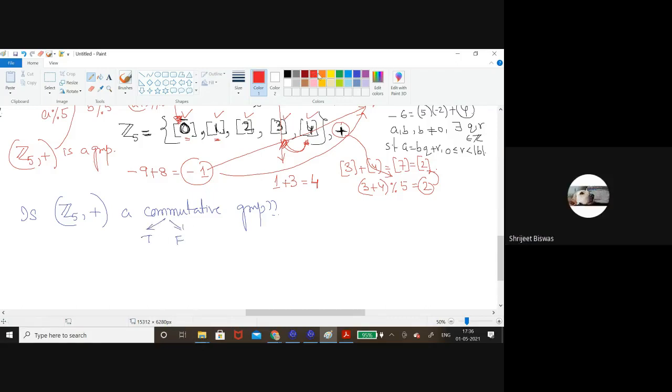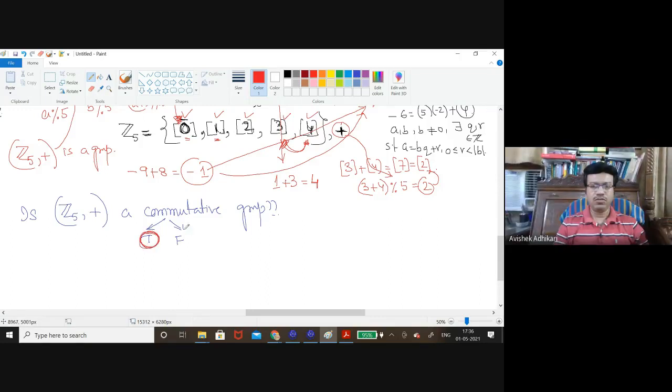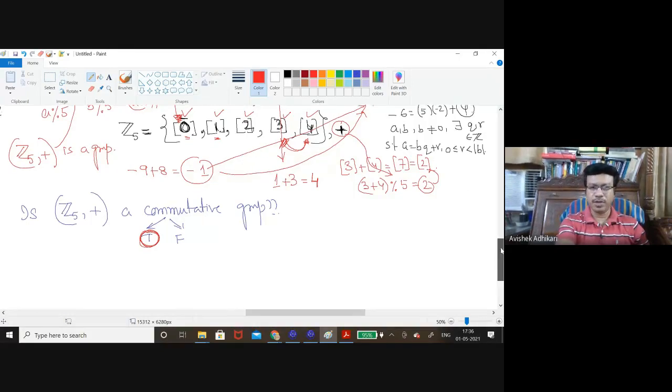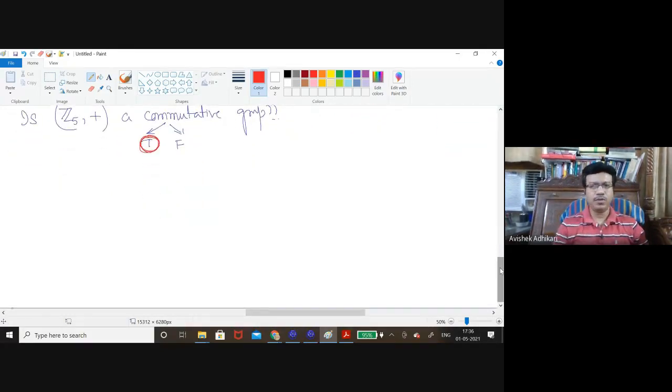True. Yes, true. So it's easy to check that it is true. It's a commutative group. But it has a very special property that many of the groups do not have. So now you can understand what Zn plus could be. Instead of 5, you need to divide by n and then take the remainder. That will be all.